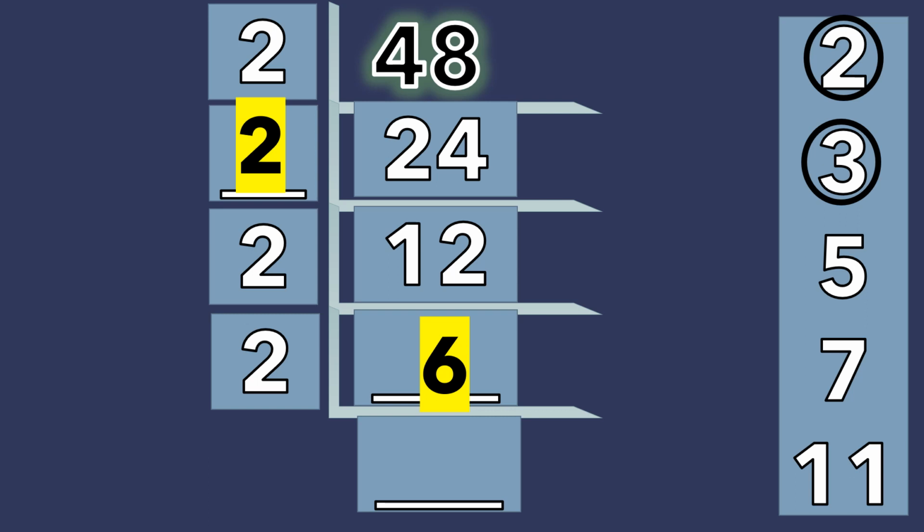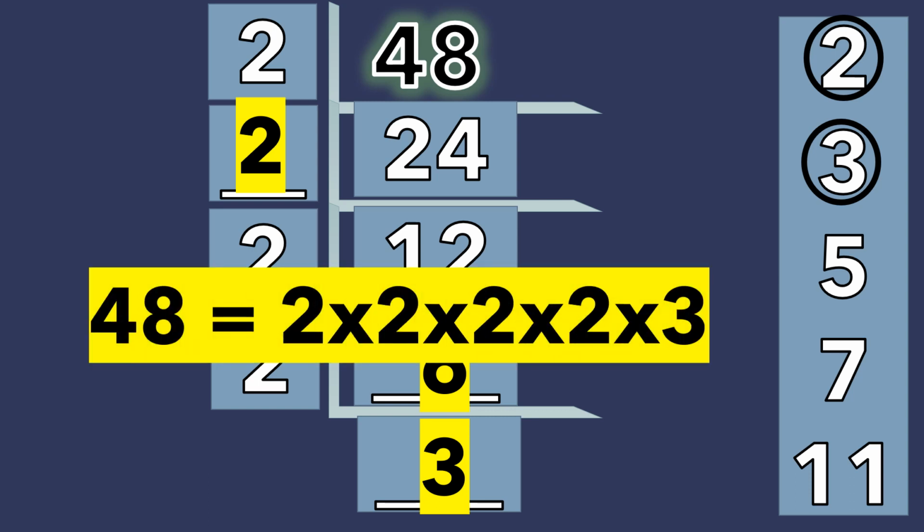And 6 divided by 2 is 3. So that's it. Now, the prime factorization of 48 is equal to 2 times 2 times 2 times 2 times 3 is equal now to 48.